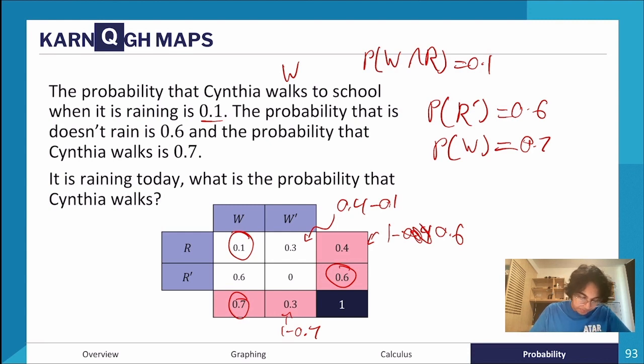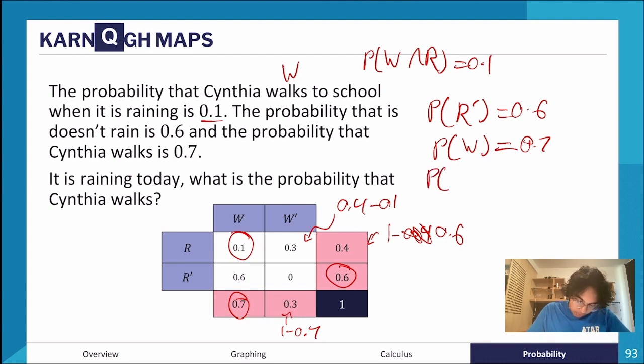The question asks, it is raining today, so we're looking at the rain category. What is the probability that Cynthia walks? So this is a conditional statement. They've given me a piece of information.